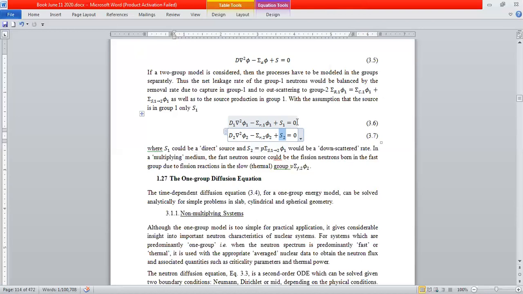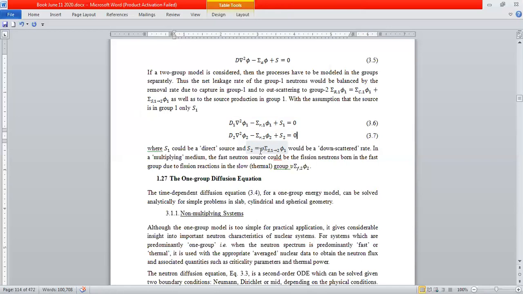You could have an AmBe source, you could have a Cf-252 source, which is giving out fast neutrons. The source in group 2, because usually we don't have a thermal neutron source, is that which is slowing down from group 1, and I multiplied by p to tell you that these are the neutrons which have escaped the resonance.